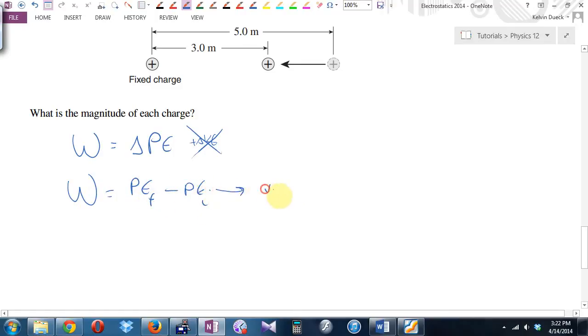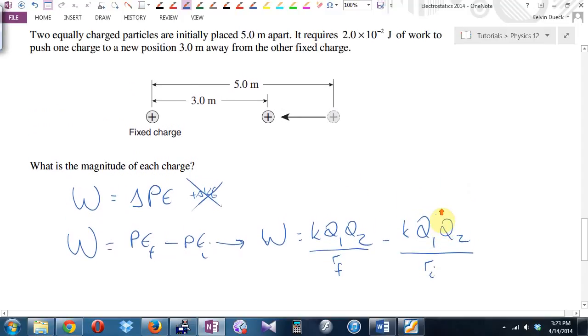In fact, the work is going to be K Q1 Q2 over R final minus K Q1 Q2 over R initial. Although, did it say, let's go back here.